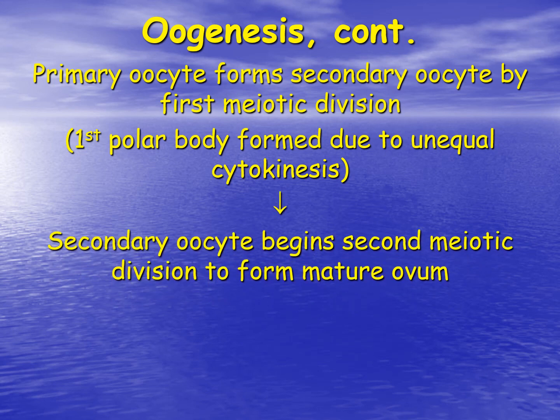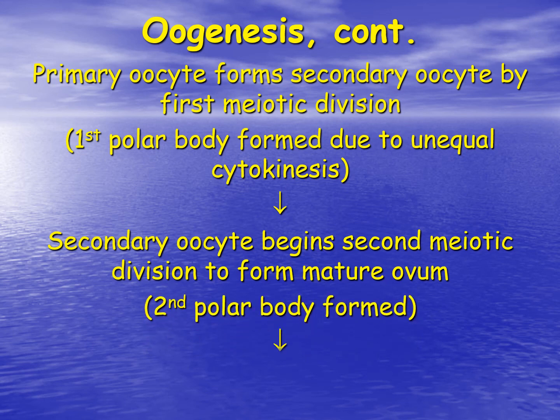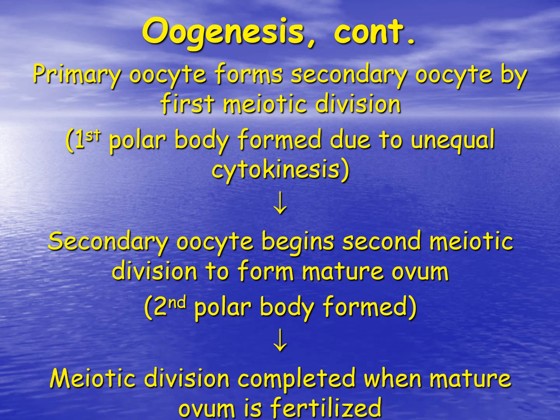The secondary oocyte, the larger cell produced by the first meiotic division, then will begin a second meiotic division, and again this will be unequal cytokinesis, and we form a second polar body and the viable ovum. So in oogenesis, from one oogonial cell, we will only get one viable egg.